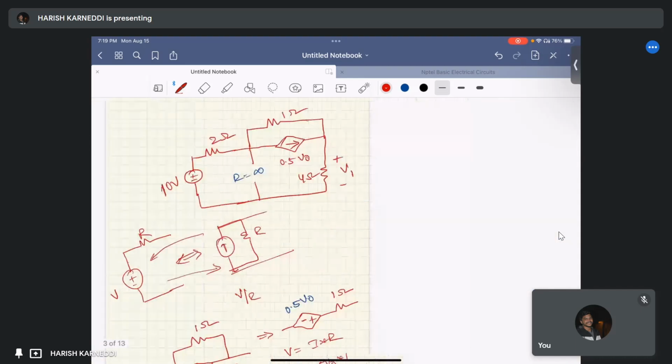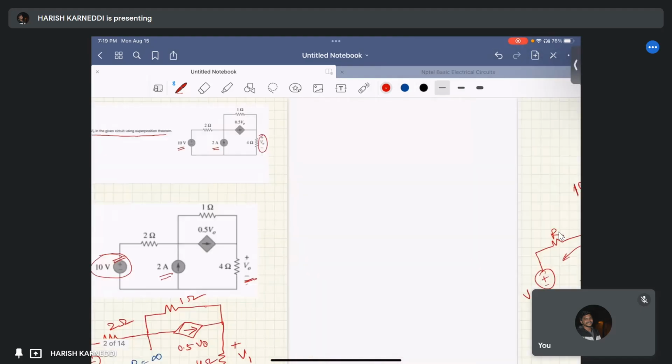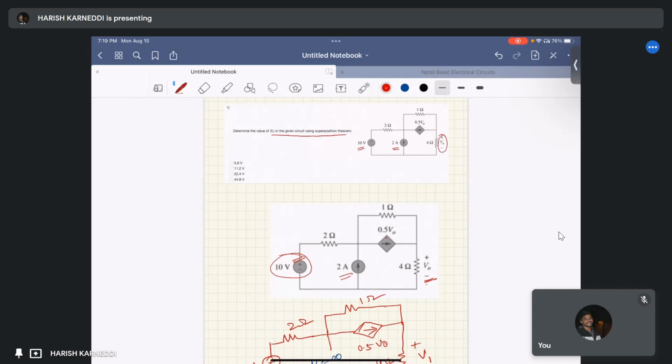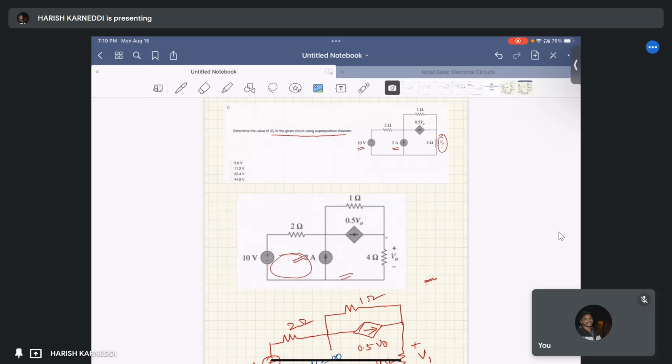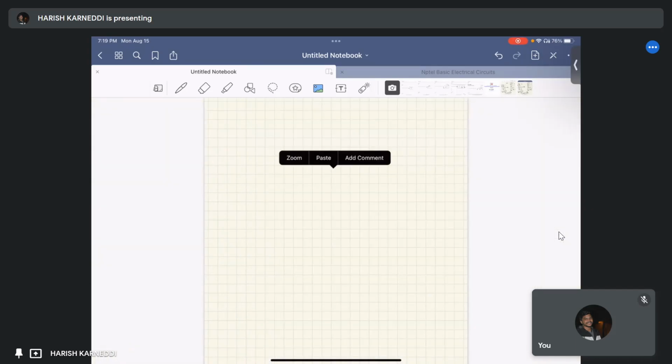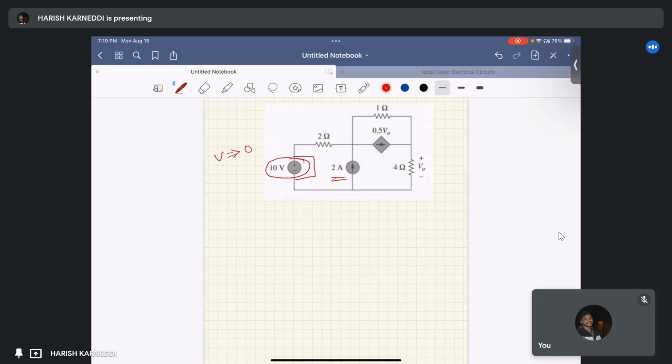When the 2 ampere source is acting alone, we have to make the voltage source 0, which means we short circuit this 10 volt source.